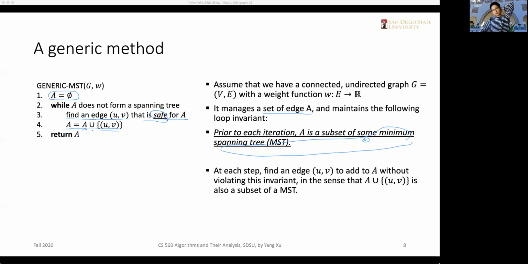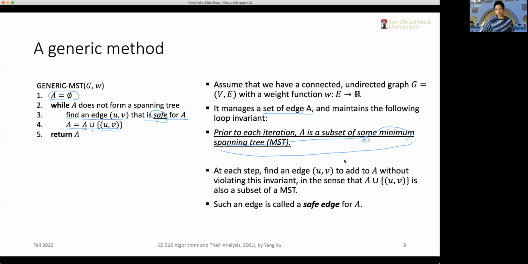By safe, we mean that adding this edge to A should not violate the loop invariant. After we add the edge, A should remain a subset of some minimum spanning tree. Only in that case will we call the edge a safe edge. If adding that edge results in a set that is not a subset of a minimum spanning tree, then we will not add it, because it is not a safe edge.